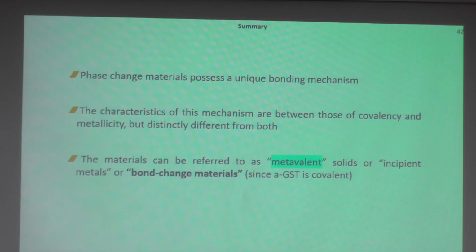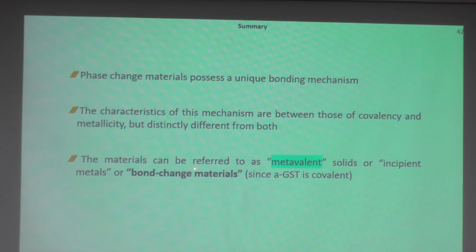In summary, we can say that the phase change materials possess a unique bonding mechanism. The characteristics of this mechanism are between those of covalency and metallicity, but distinctly different from both.